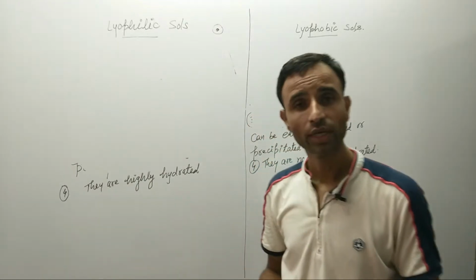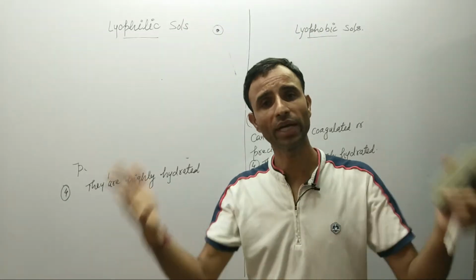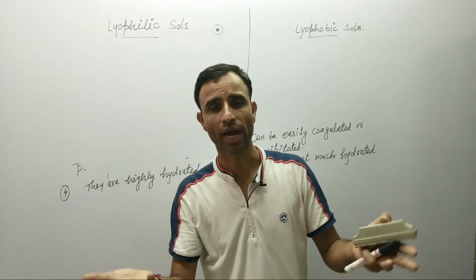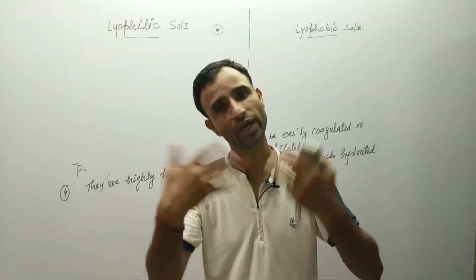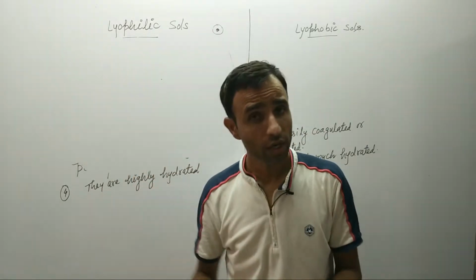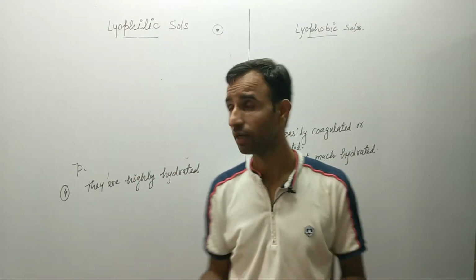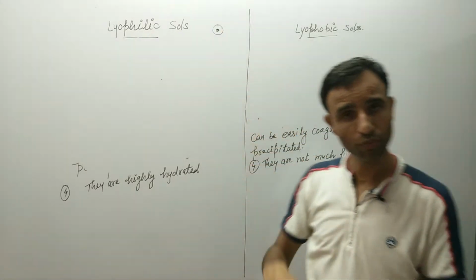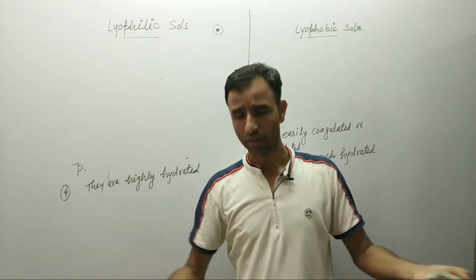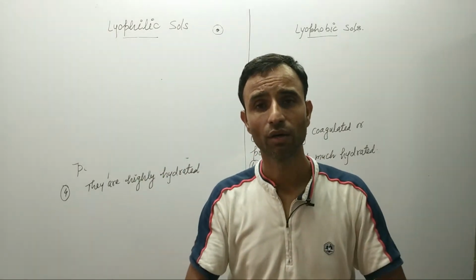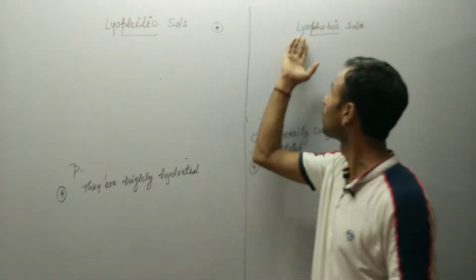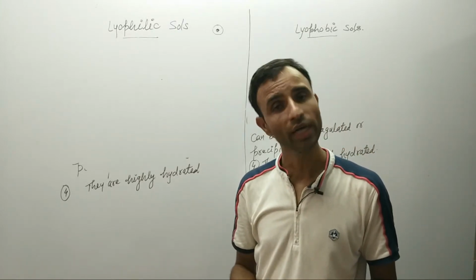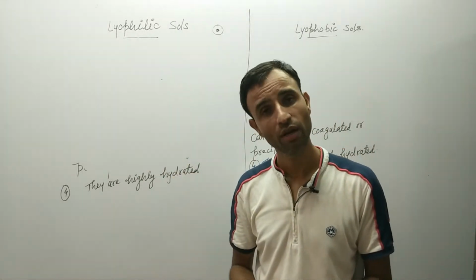Lyophilic sols, if the dispersed phase and dispersion medium are separated by chance, and if we remix, they can form the sol. But in the lyophobic case, if by chance we separate the dispersed phase from the dispersion medium, simple mixing will not form the lyophobic sol again. Again we need a special method.